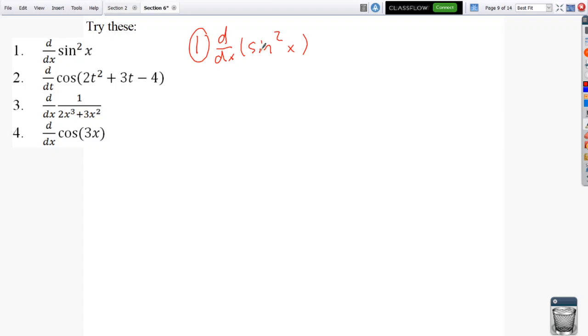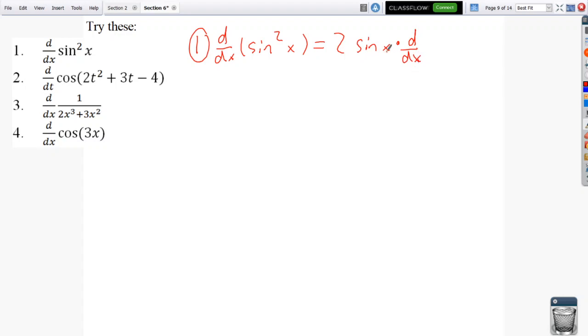We're thinking of the squared as the outside function. The sine is being squared. So the first thing that we have to do, again, I'm looking at this as outside in. The outside function is something squared. The derivative of something squared is 2 times the something. Now we still have to find the derivative of the something.